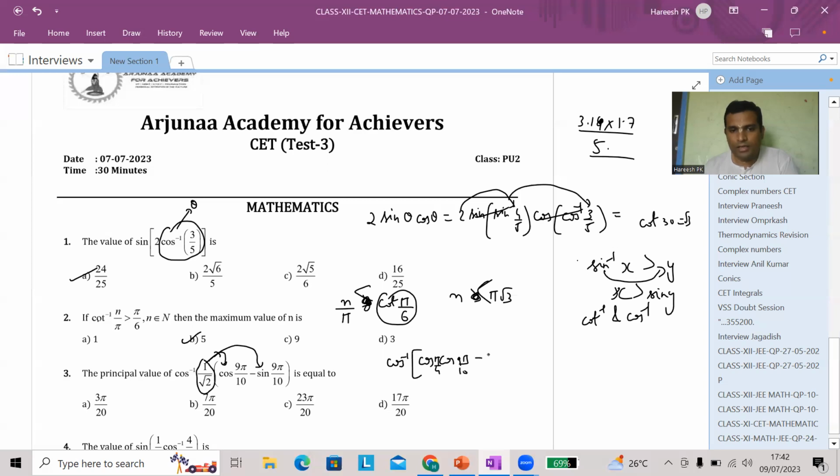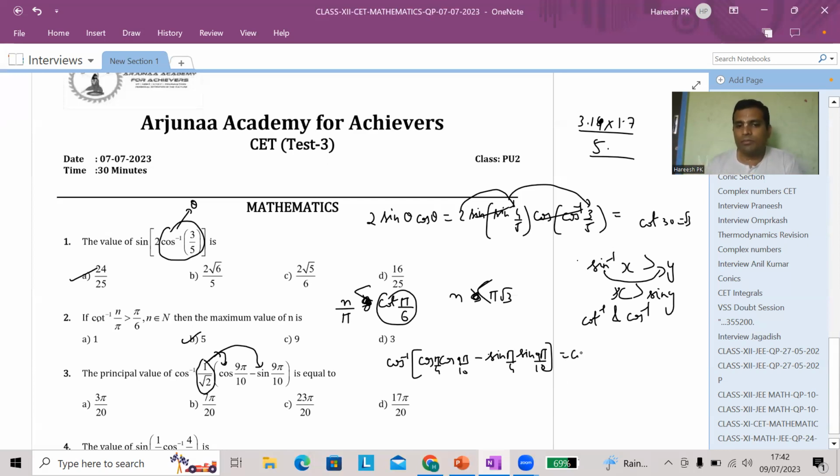And in the second case, I'll write it as sine 45. Why am I doing this? In one place, I'm writing as cos and another sine. The whole idea is so that I get cos A, cos B minus sine A, sine B. That is cos of A plus B. So when I get cos of A plus B, it will cancel with the cos inverse.